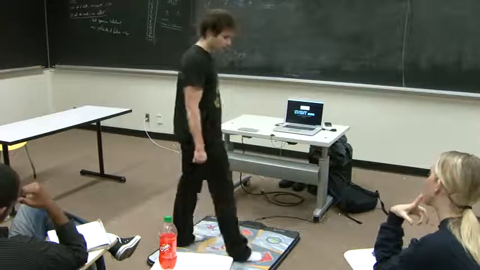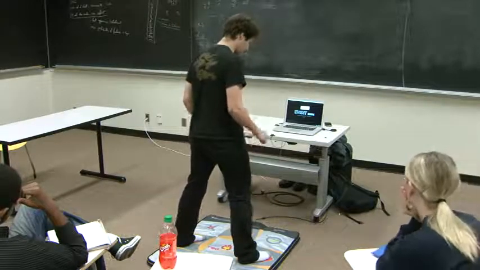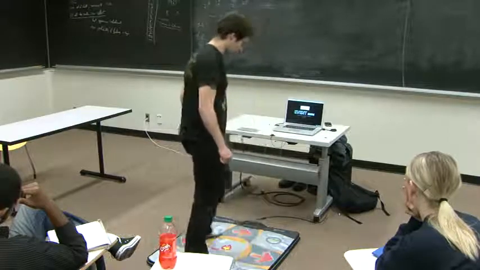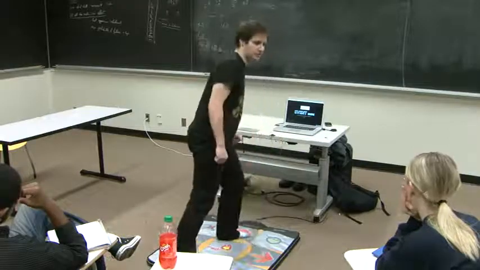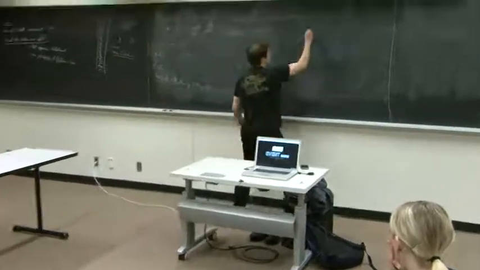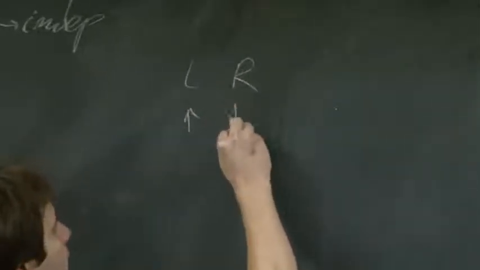Okay, so looking at this, if I'm considering whether to go from here to here, either this way or this way, let's write this down on the board. So I'm going from up, down to left, right.